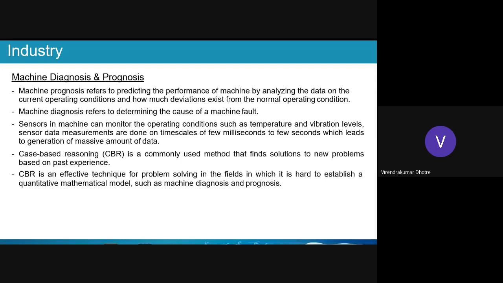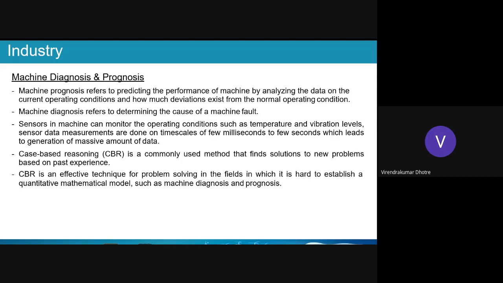That is also called CBR, case-based reasoning. That is a commonly used method which finds solutions to the problems that arise, based on past experience. This is a very effective technique for solving problems in fields where it is hard to establish a quantitative mathematical model.